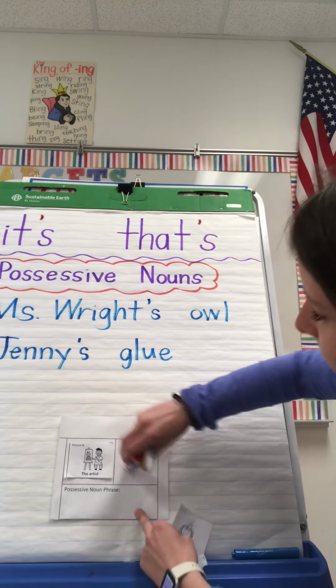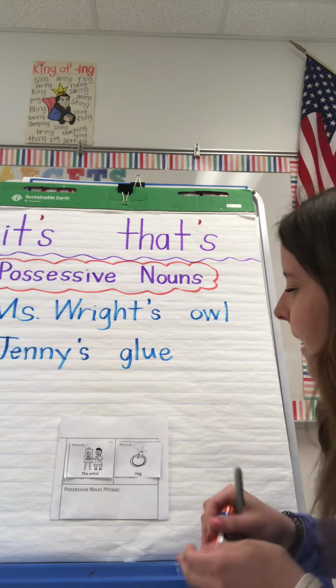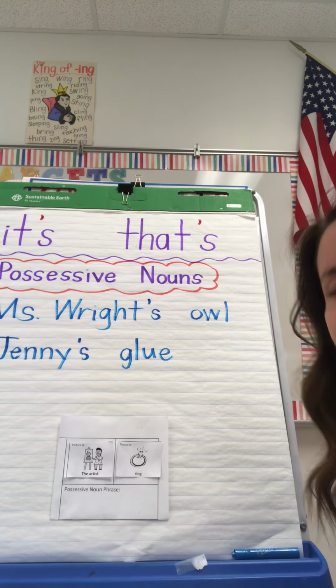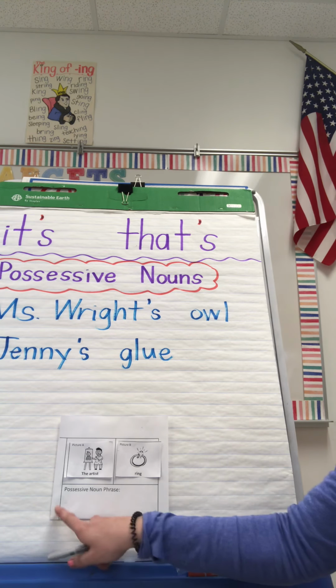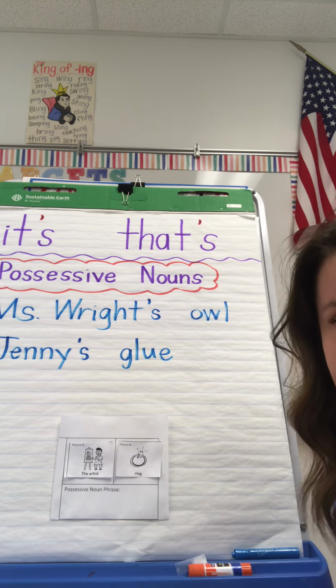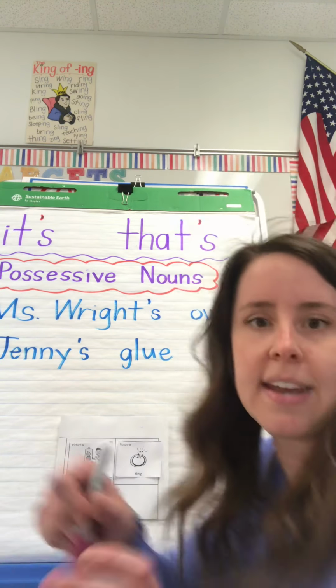And then I'm going to glue picture B right here. So right now it's telling us that this ring belongs to the artist. Now we need to write down here at the bottom the artist's ring. Okay, we are going to write that that is the artist's ring. It belongs to the artist.